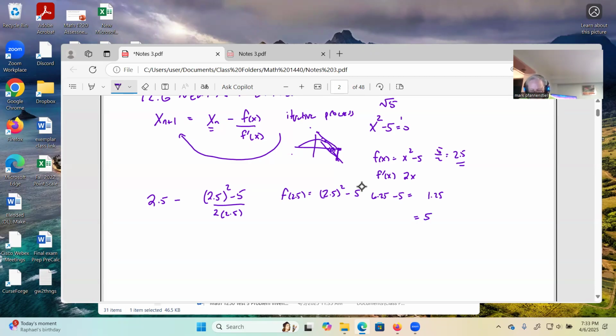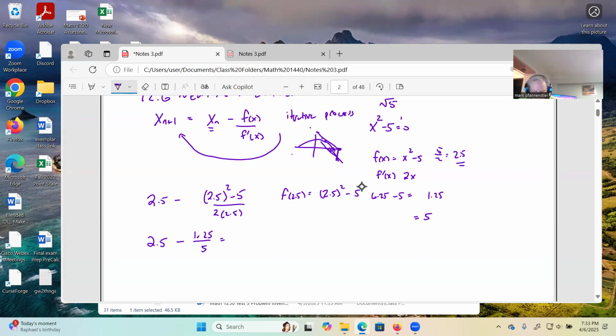All right, so in order to get my next value, we're going to say this is 2.5 minus the value of the function, which in this case was 1.25, divided by 5. We're just going to plug that in and see what happens.